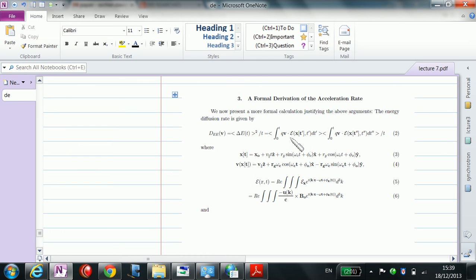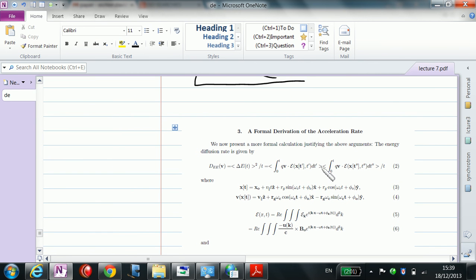Now the thing is, what you do is you write delta E squared as a product of two things that look different, but they're actually the same. T prime is a dummy variable, and T double prime is a dummy variable. So this is delta E, and this is also delta E. And together they make delta E squared.